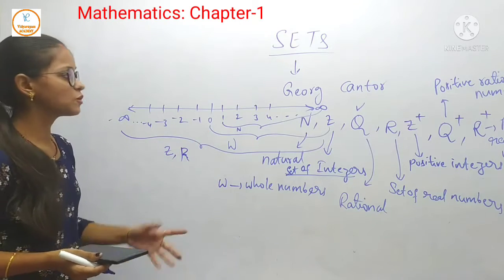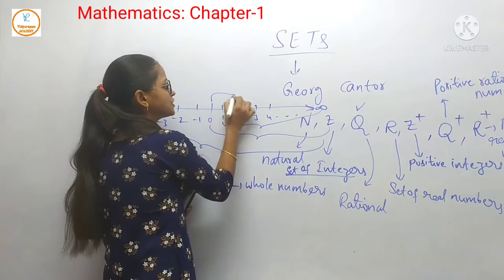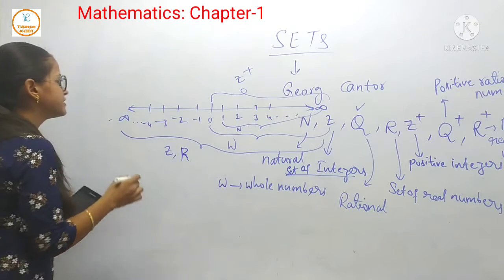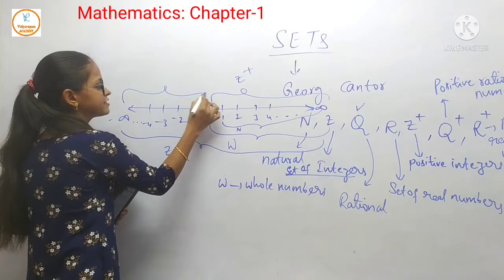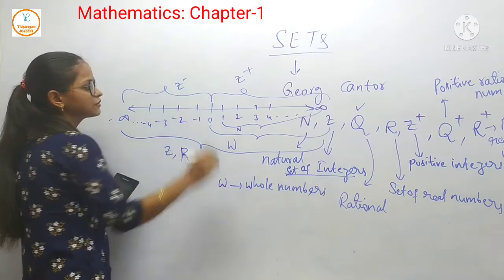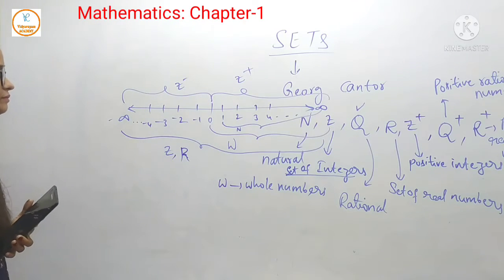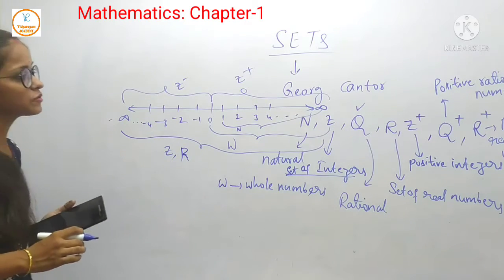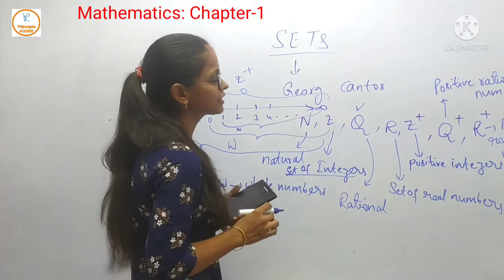Positive integers means from 0 to infinity, and similarly from minus infinity to 0 is the negative integers.